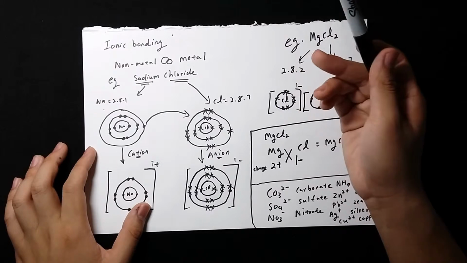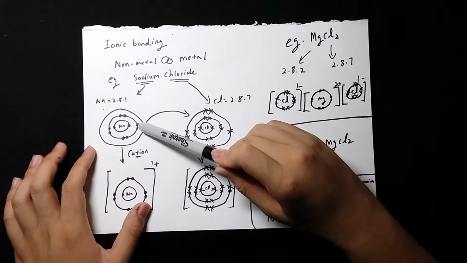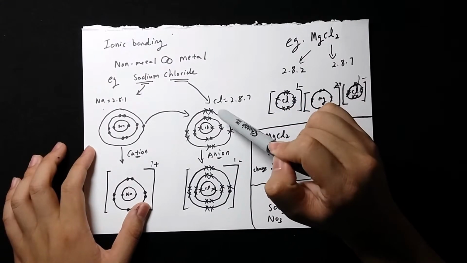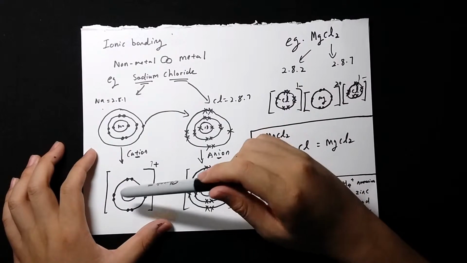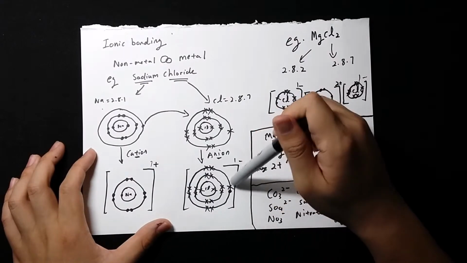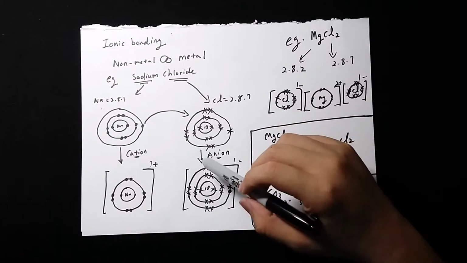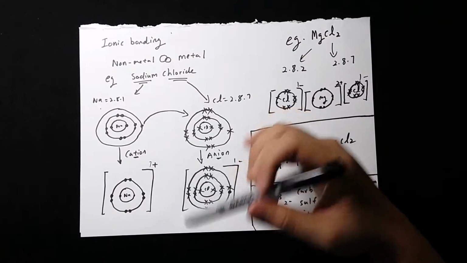Isn't it such a coincidence that you can actually transfer one electron? This is what we call transferring of electrons from the metal to the non-metal. Hence, the metal will achieve a stable configuration of 2.8, while the non-metal will also achieve a stable configuration of 2.8.8.